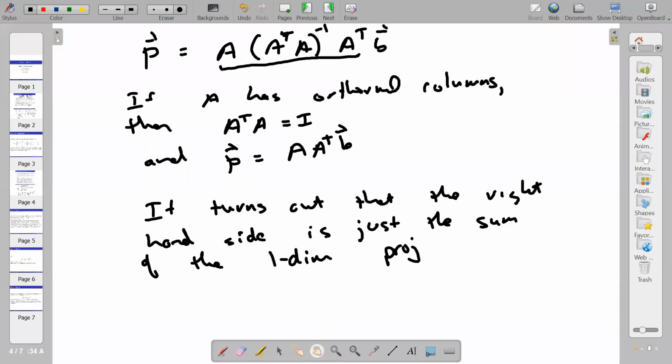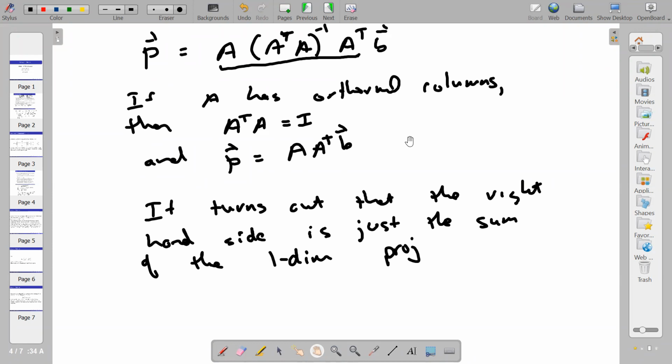And that condition looks like this. If the set of vectors A_i that you're dealing with is orthonormal, it turns out your intuition about the projection is right. The projection onto a subspace spanned by orthonormal vectors is indeed the sum of the individual projections of B onto the one-dimensional subspaces.